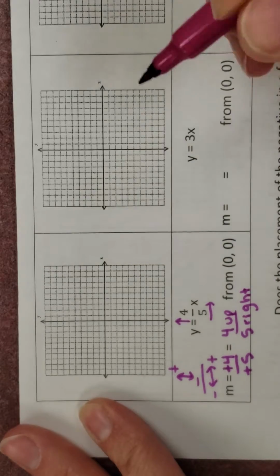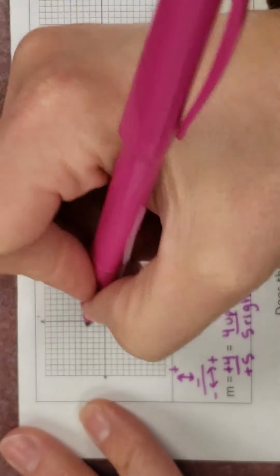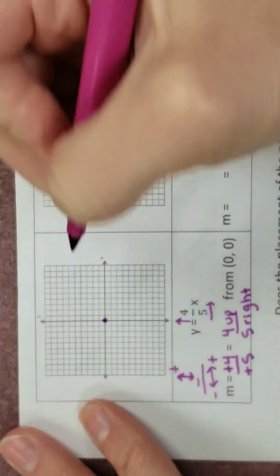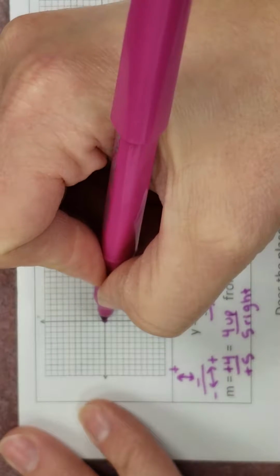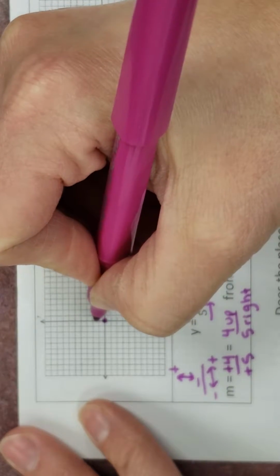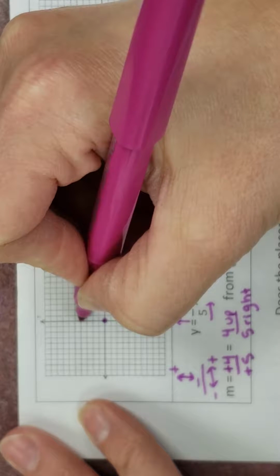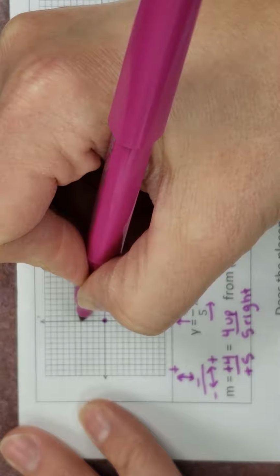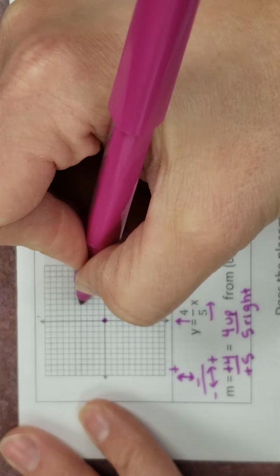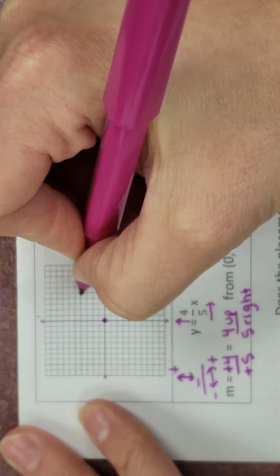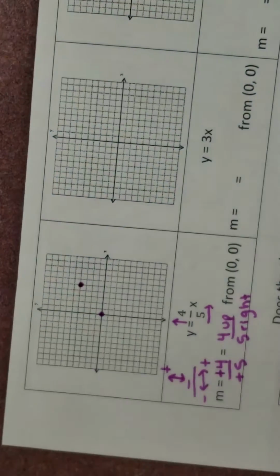From where? From the origin, from 0, 0. So let's make a point there, because we know it's going to go through there. Now from here, I'm going to go 4 up, 1, 2, 3, 4. Don't put a point down yet. And also 5 right, 1, 2, 3, 4, 5. And now I can just connect the dots.